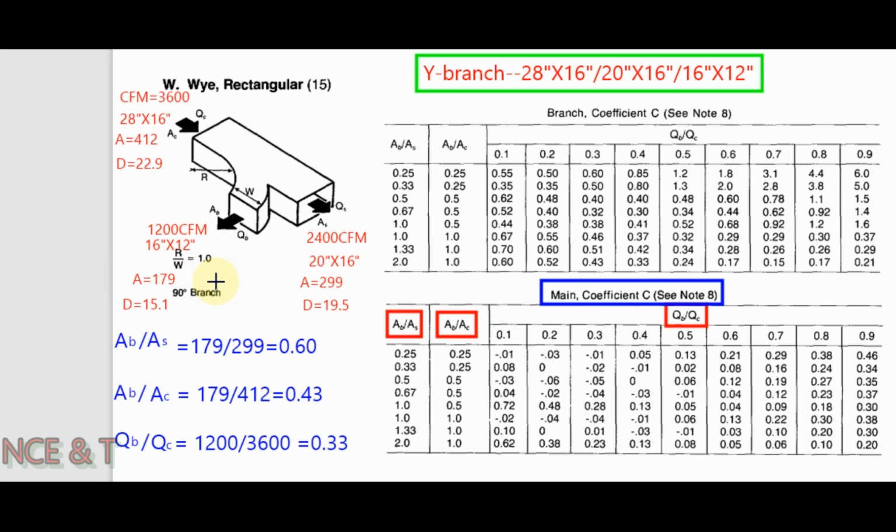From these values we have calculated the ratios: AB by AS equal to 0.6, AB by AC equal to 0.43 and QB by QC equal to 0.33. Selecting the nearest value for the main coefficient, we have found the value of C equal to minus 0.04.